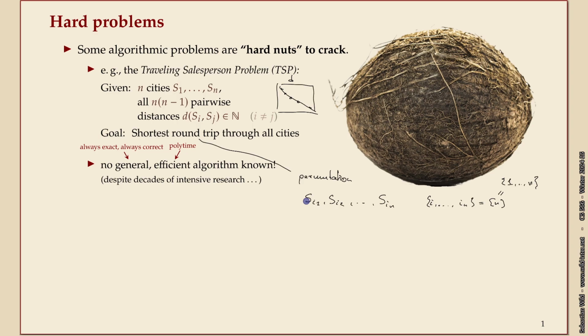And so the cost of such a permutation would be summing up the distances that you travel. So you go from city i_j to city i_(j+1), say. Now I arrived at city S_in, so I have to go back.